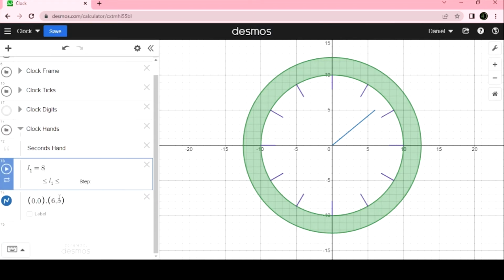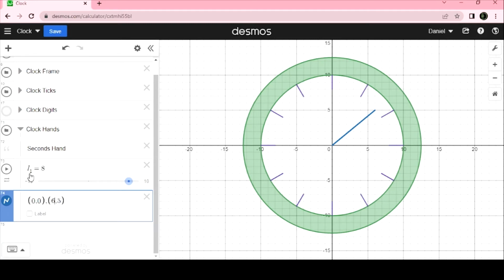I found that 8 works out fairly well for this kind of setting. So 8 in this case will bring you up from 0 to the bottom of each of the tick marks. The point 0, 0 is always going to stay the same, since everyone is going to be stemming out of the origin.